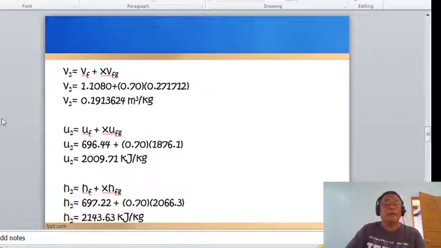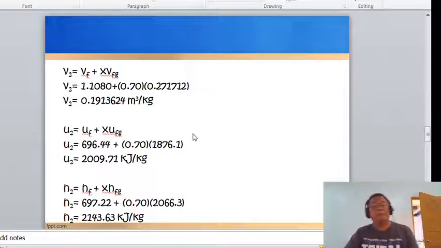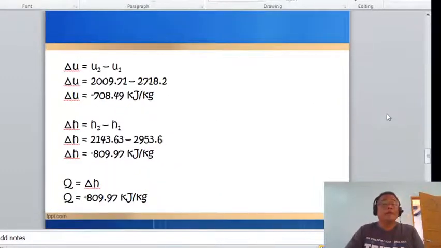Substituting values, u sub 2 is 2009.71 kilojoules per kilogram. For the enthalpies, the same process: h sub 2 is 2143.63. Take note, class, that if you determine the correct values of the enthalpies, entropies, internal energy, and specific volume, you can easily compute what is required in this problem.